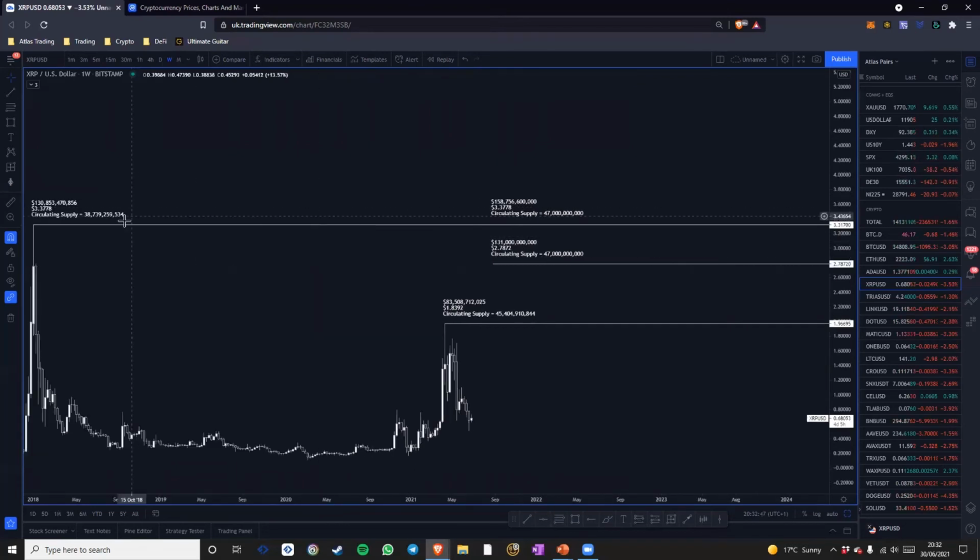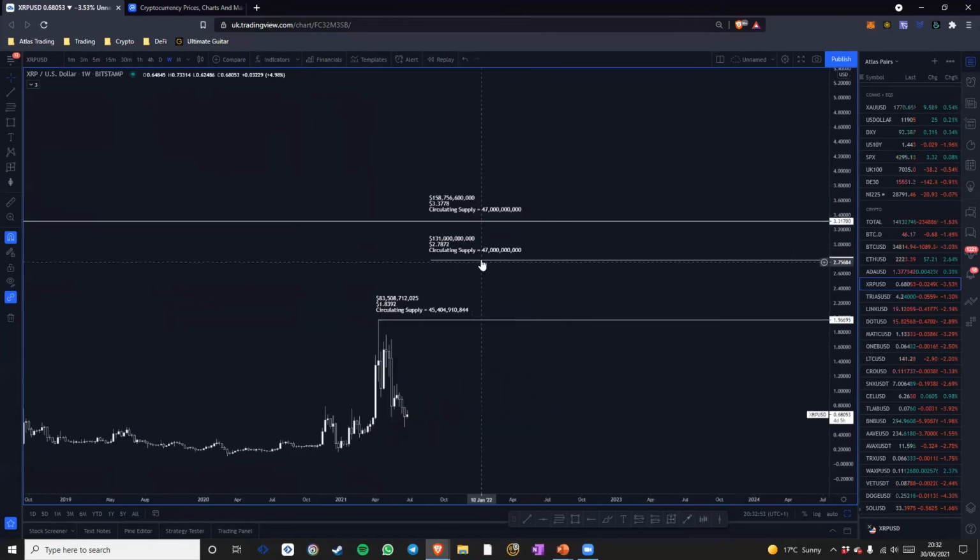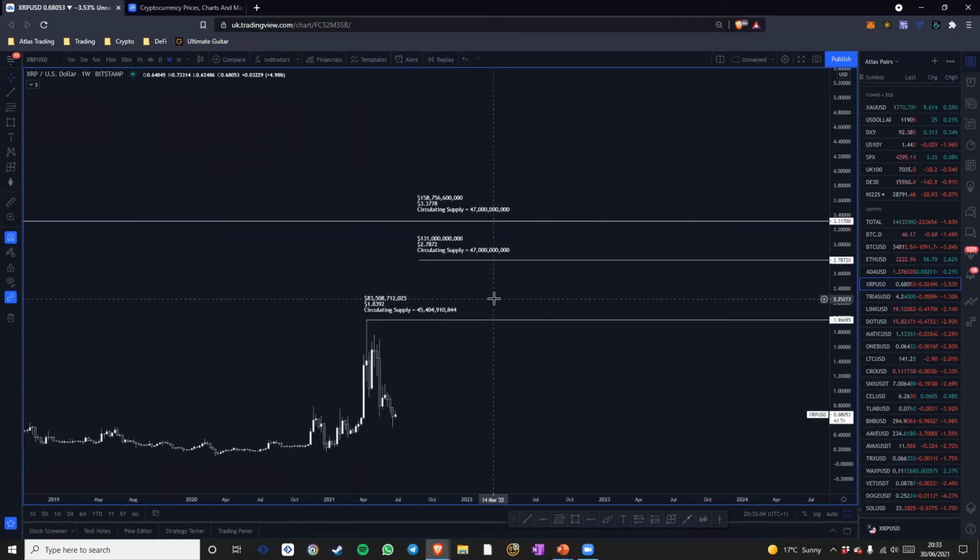We've now got almost 10 billion more tokens. Back here you can see we almost had 39 billion. Now we've got 47 billion. I mean, we've got 45 and a half, but I would imagine by the time we hit these highs we might be at 46 or higher than what we are now. So what I would do is divide the market cap, 131 billion, by 47 billion tokens.